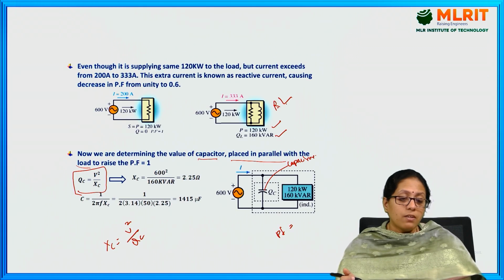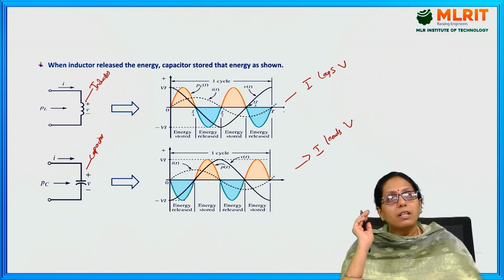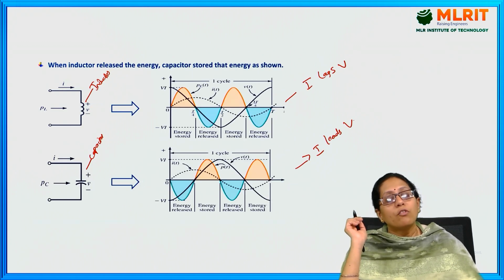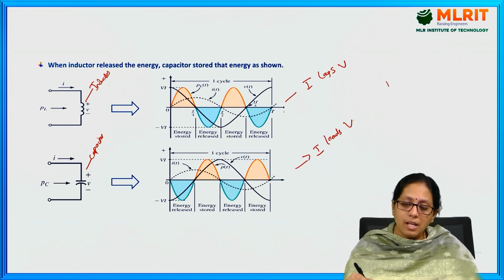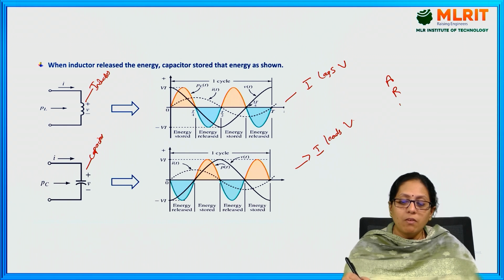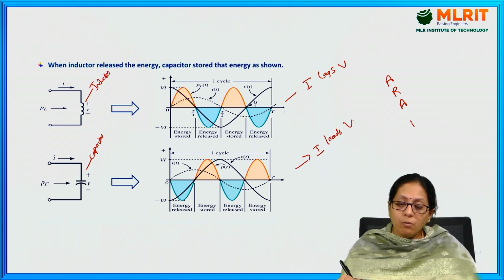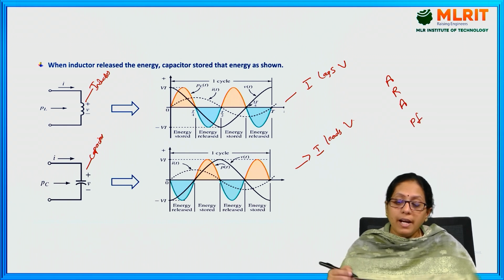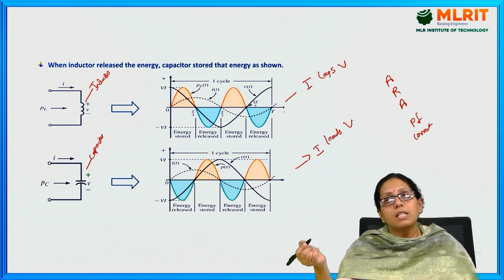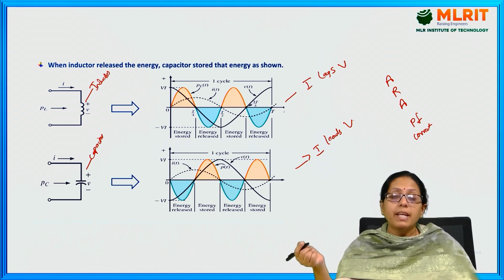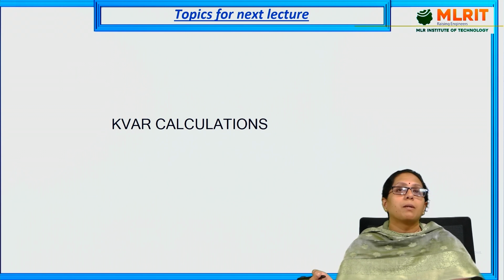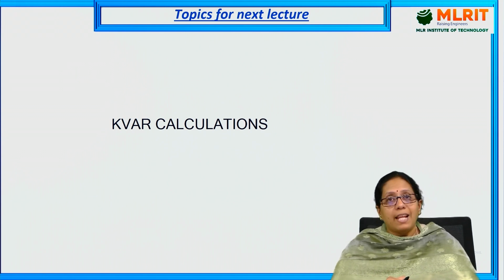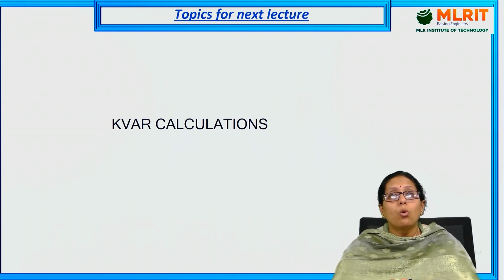So here we have learnt about different types of powers, that is active power, reactive power, apparent power, and what is power factor and how to correct this power factor. All these things we have learnt. In next lecture, I would like to discuss about kVAR calculations, that is kilovolt ampere reactive calculations. Thank you.